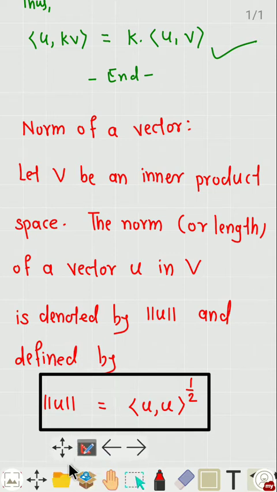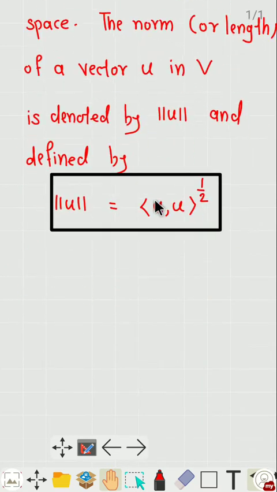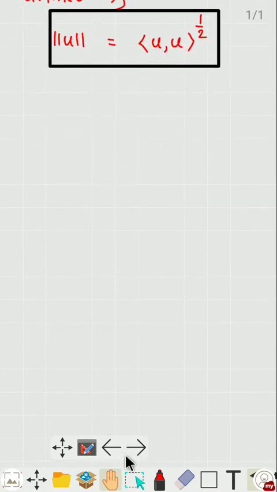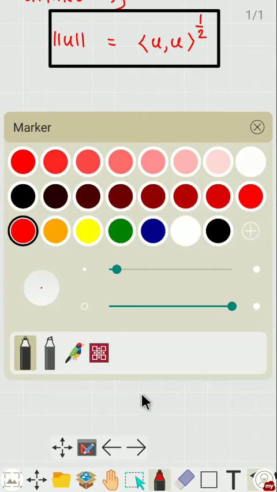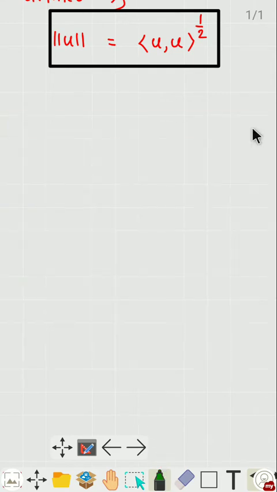Now go to the next definition: definition of distance between two vectors.